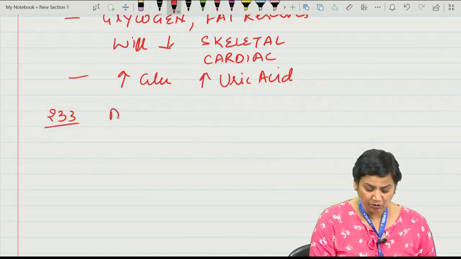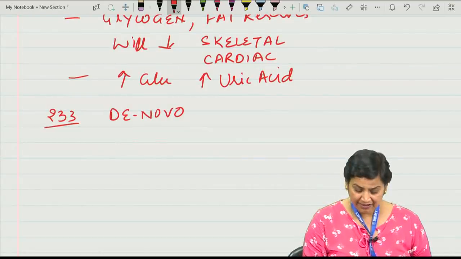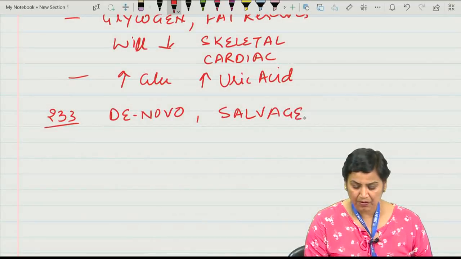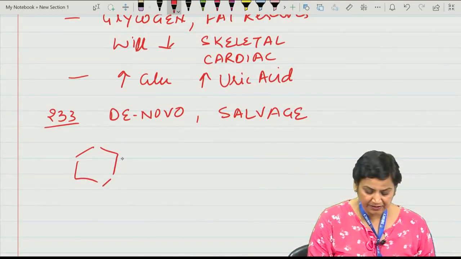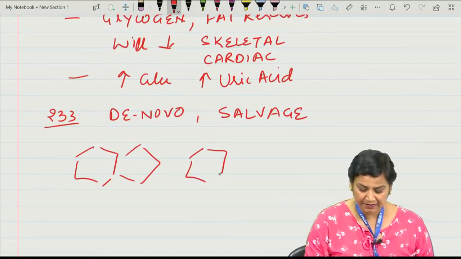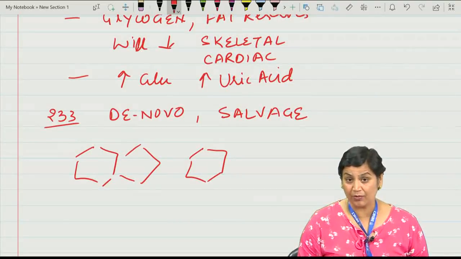And one very important fact about these is that these are synthesized by de novo pathway and salvage pathway. De novo means if the structure of purine is this and pyrimidine is this, the entire structure is synthesized within our body.